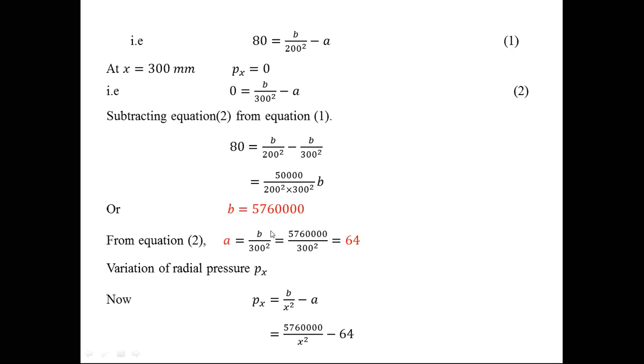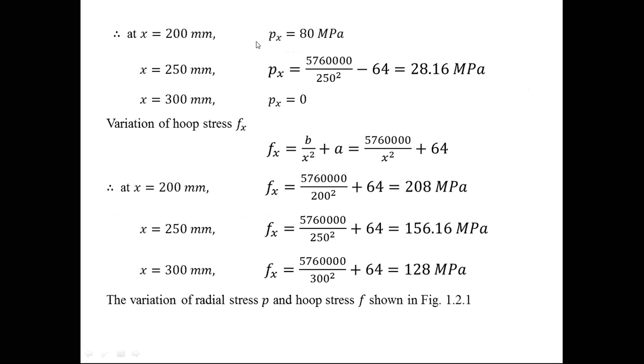Now at x is equal to 200, that means the internal pressure, Px is equal to 80 MPa, as all of you already know. At x is equal to 250, I want to find the radial pressure at 250 mm.